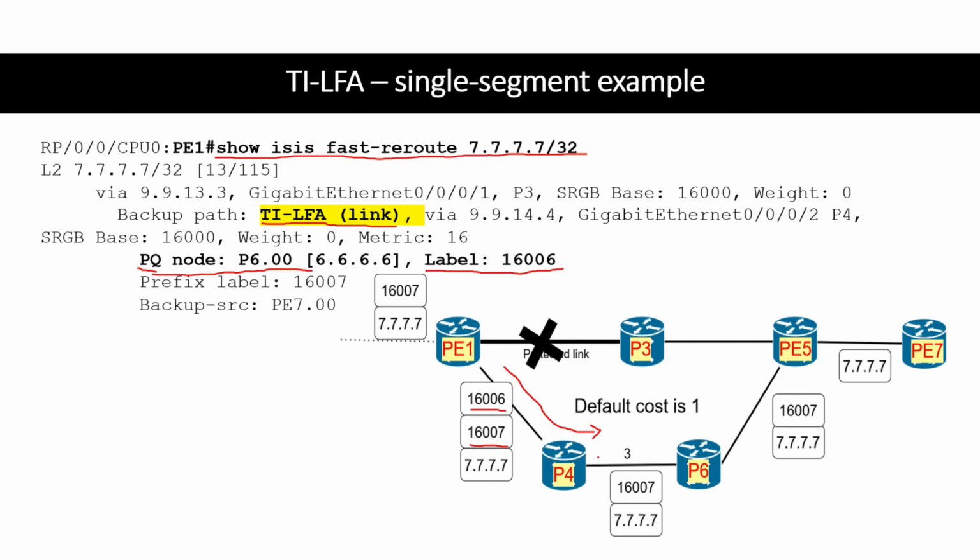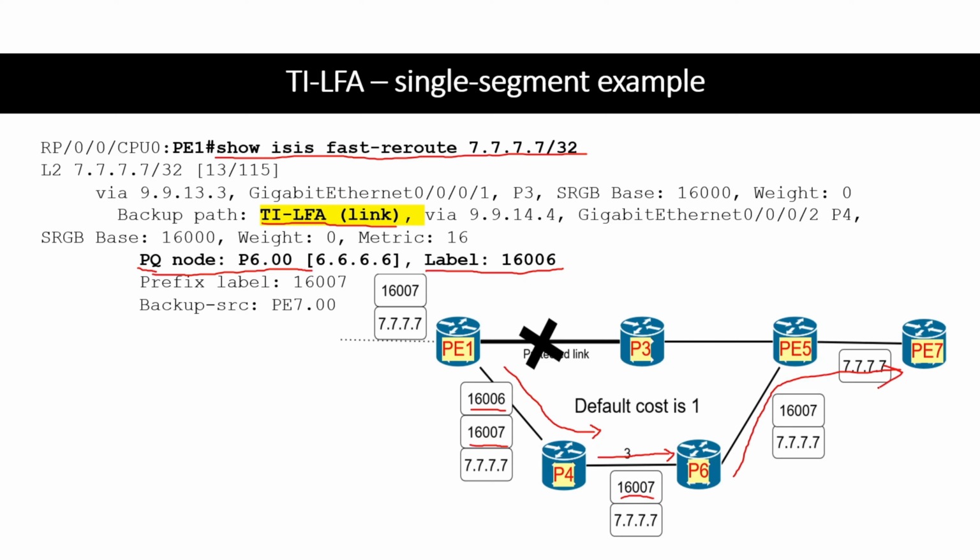P4 will just do the penultimate hop popping and just forward the 16007 to P6, and P6 is going to push it over the shortest path towards P7.